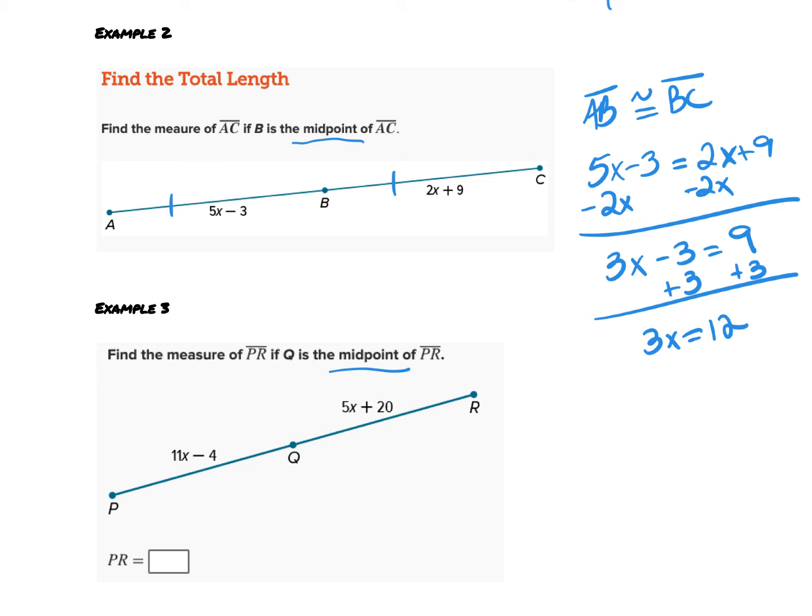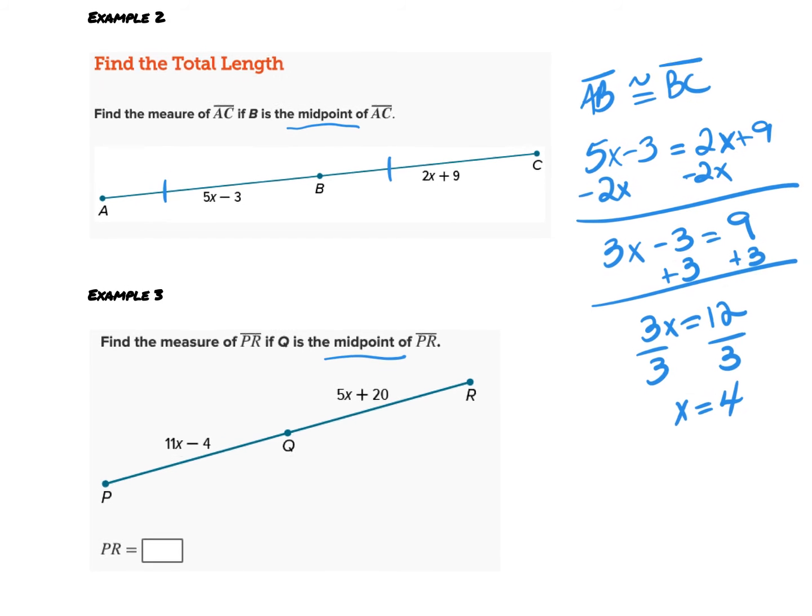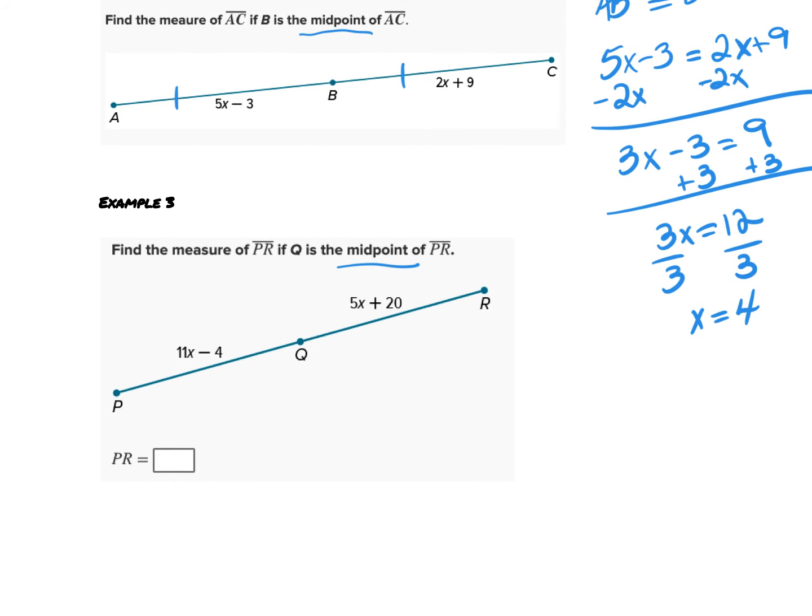So I subtracted 2x from both sides to get 3x minus 3 equals 9. Add 3 to both sides, so 9 plus 3 is 12. My last step is always to divide by 3. So x equals 4. Go ahead and pause the video, try example number 3.